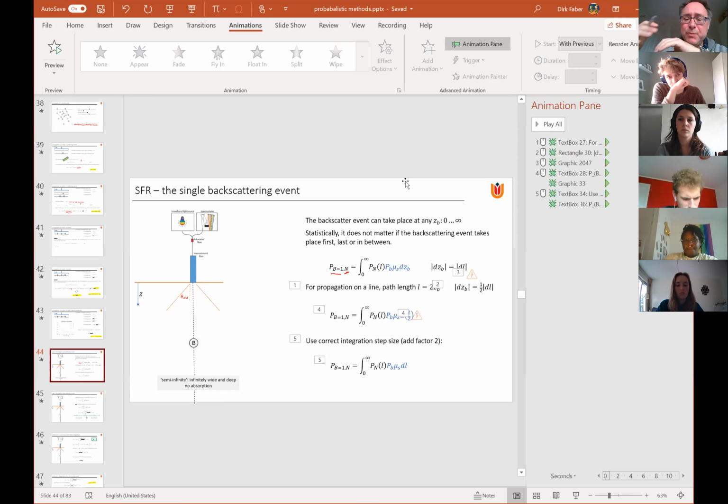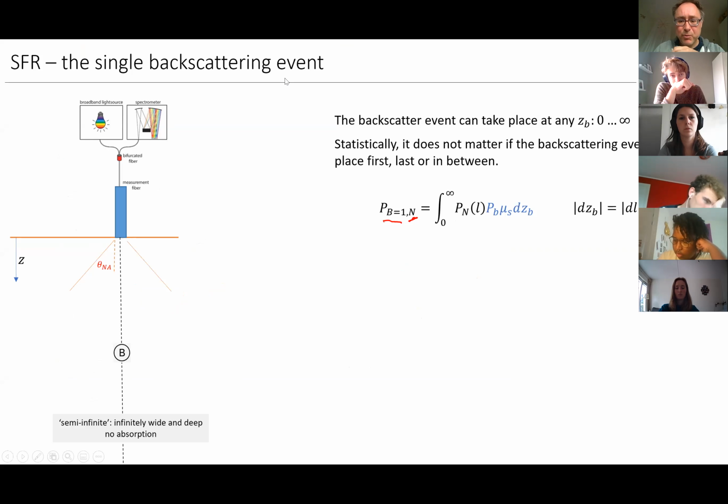Because once we include this PF that can take any value, it is no longer normalized. It just calculates the fraction of photons that is actually forward scattered. The thing that should be normalized is when you add all the photons together, the ones that are forward scattered and backward scattered, then the probability should be completely normalized. So in this case, it doesn't have to be anymore.